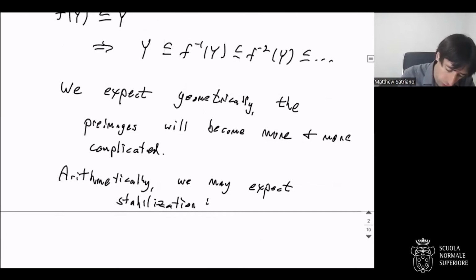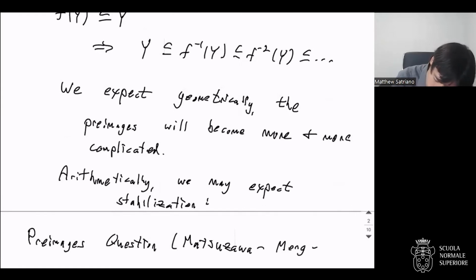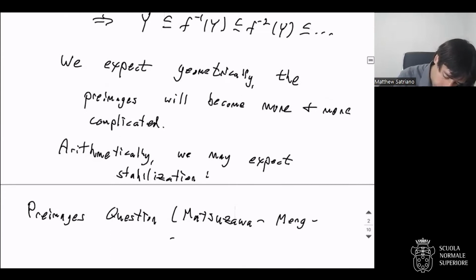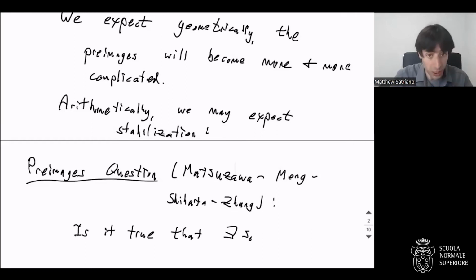So specifically, there was a preimages question that was raised by Yosuke Matsuzawa, Meng, Shibata, and Zhang. And so they asked, is it true that there exists some number s_0, just depending on the setup, right?